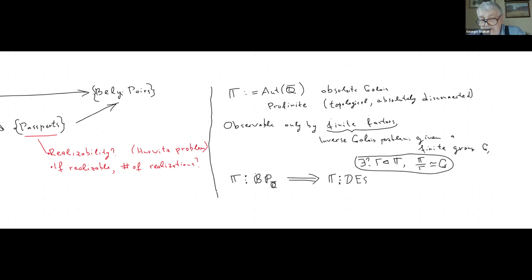So there is some action of the absolute Galois group on dessins that, at least theoretically, gives the unique possibility of visualizing the Galois group.